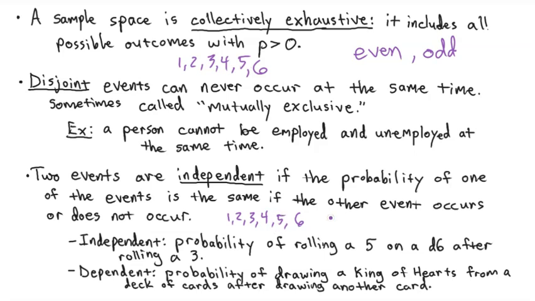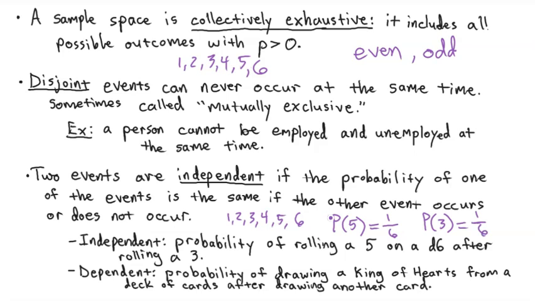Then the probability of rolling a 5 is 1 out of 6. But what about the probability of rolling a 3? Suppose it's also 1/6.